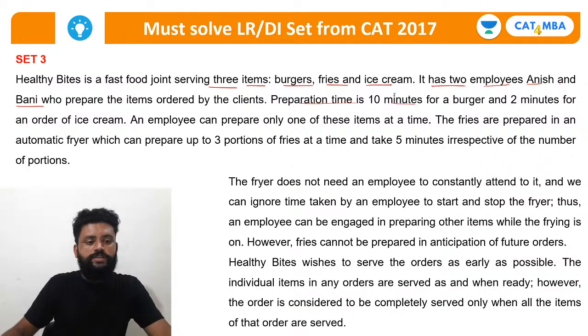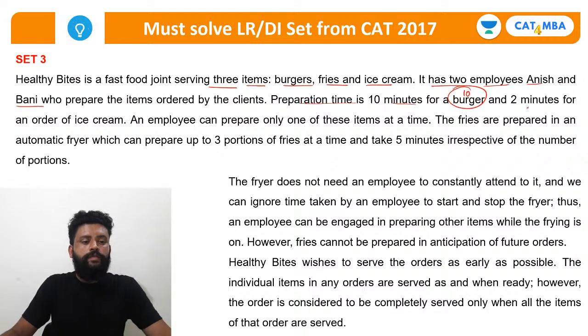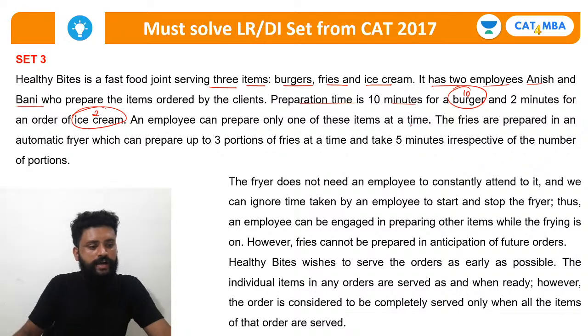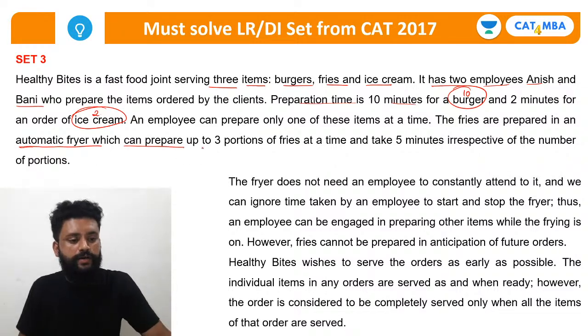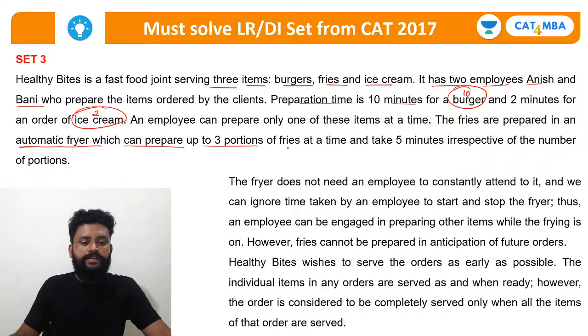Preparation time is 10 minutes for the burger, 2 minutes for an ice cream. An employee can only prepare one of these items at a time. The fries are prepared in an automatic fryer, which can prepare up to 3 portions of fries at a time.